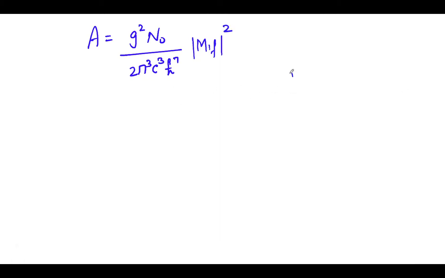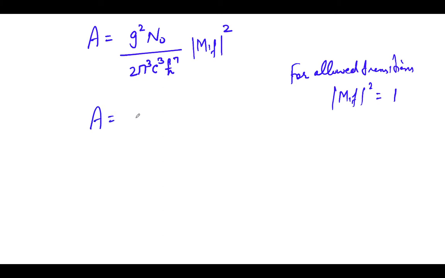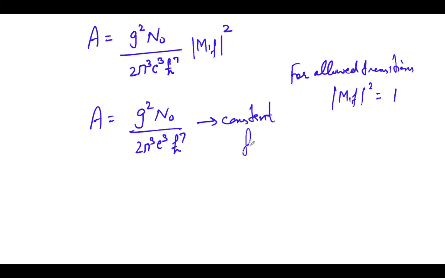For allowed transitions, the value of the matrix element we generally consider equal to 1. So the value of this constant term A for allowed transitions is a constant term.